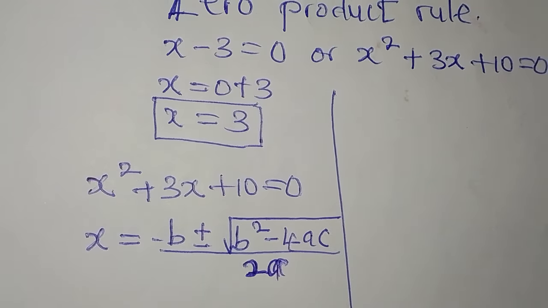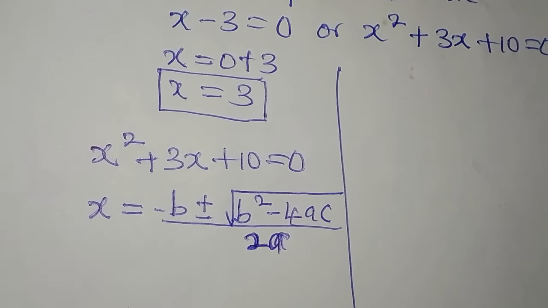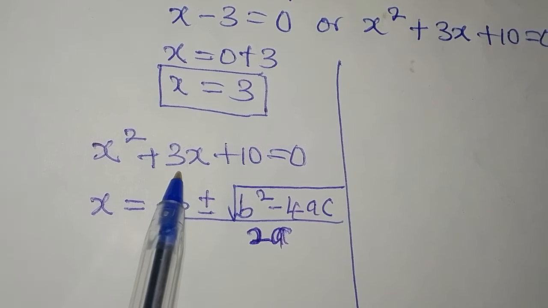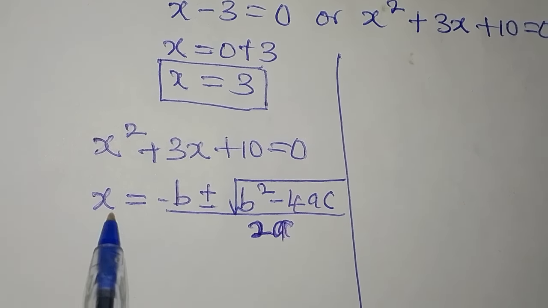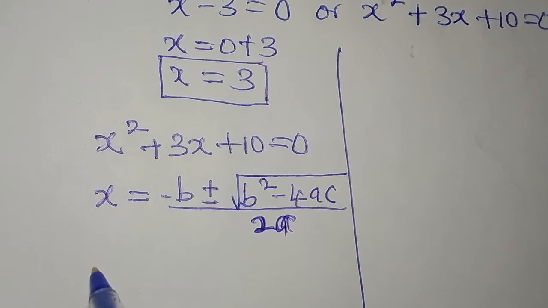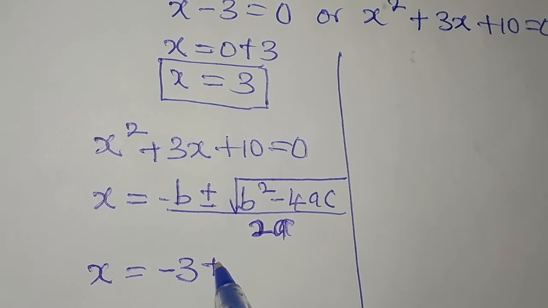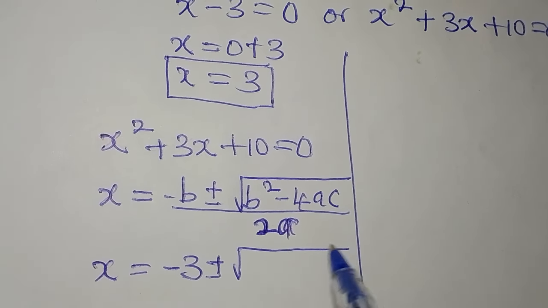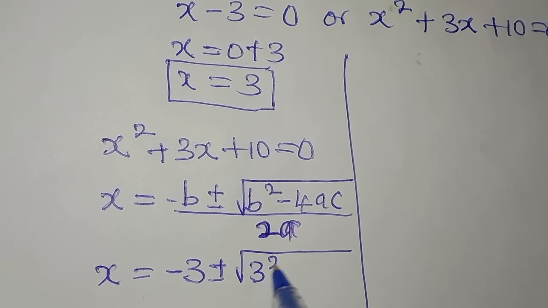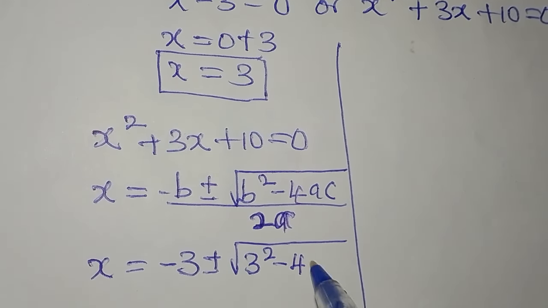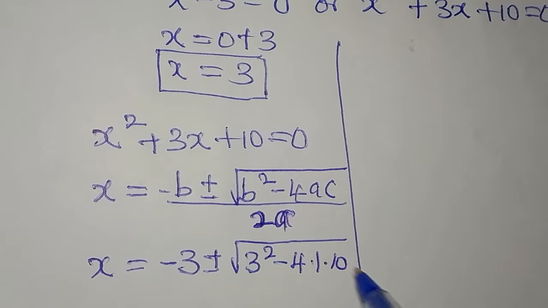Now our a is 1, that is the coefficient of x squared. b is 3, c is 10. So let's put into this formula. x will now be minus 3 plus or minus the square root of b squared, which is 3 squared, then minus 4 times 1 times 10.